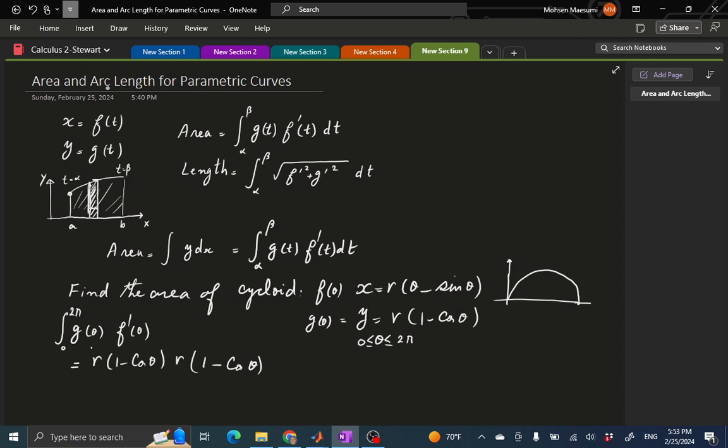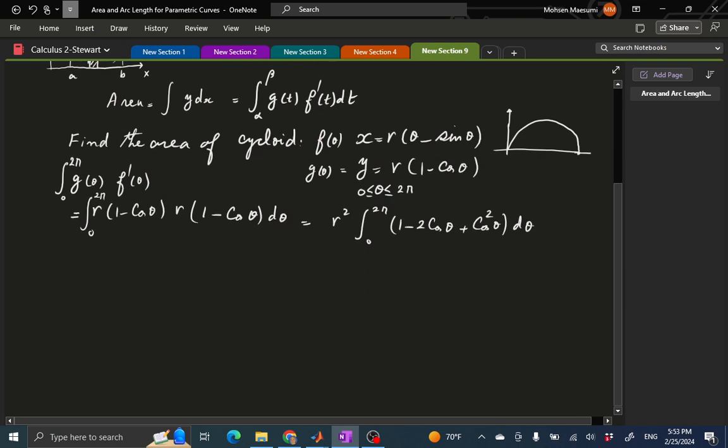So that is my integral from 0 to 2 pi of this. Well, of course r squared comes outside. I have 1 minus cosine squared, so that's going to be 1 minus 2 cosine theta plus cosine squared of theta, d theta. I want to calculate this integral.